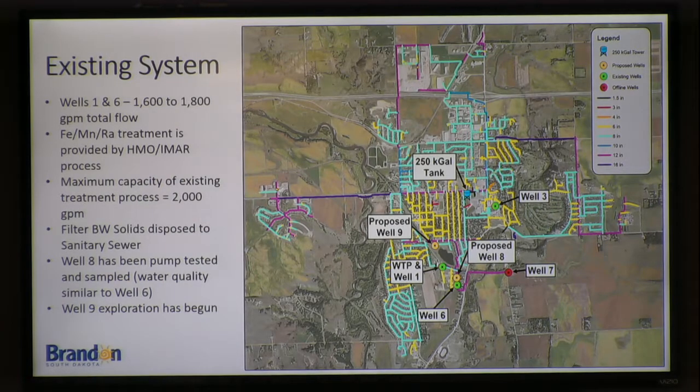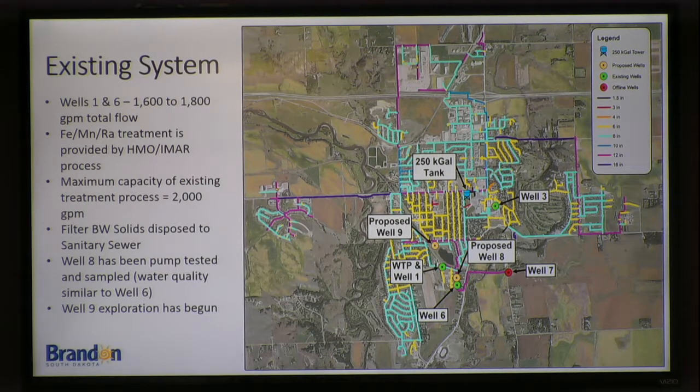We also reviewed the existing system, and if you live in Brandon, you probably know about this. Let me just review it quickly for you. The treatment plant is located over by the park, just north of the park. Well number 6 is on the tree line to the south side of the park. Well number 1 is adjacent to the treatment plant. And well number 8 is being created.